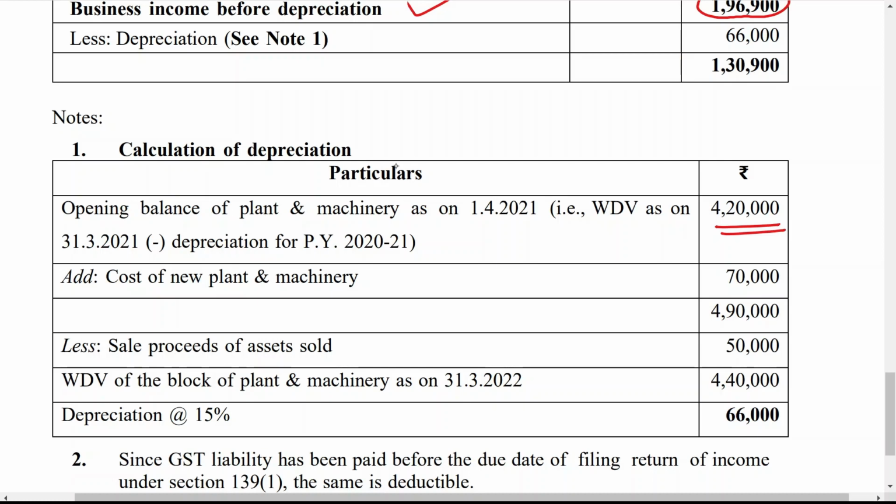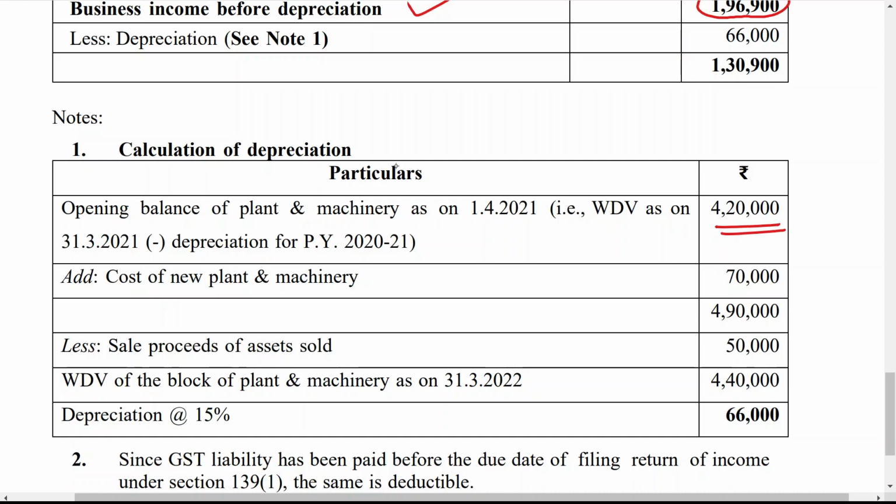So what is your total now? 4,90,000 after purchase, and this purchase is before October. That means it is going to be used for more than 180 days. And if it is used for more than 180 days in the year in which it is purchased, then full depreciation is allowed.